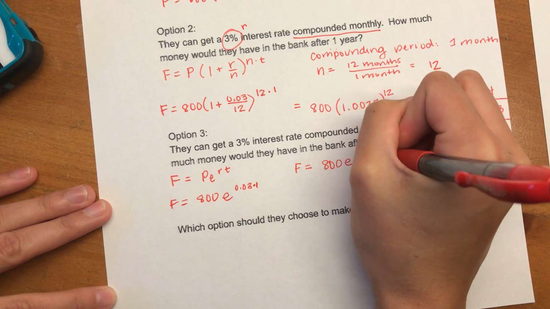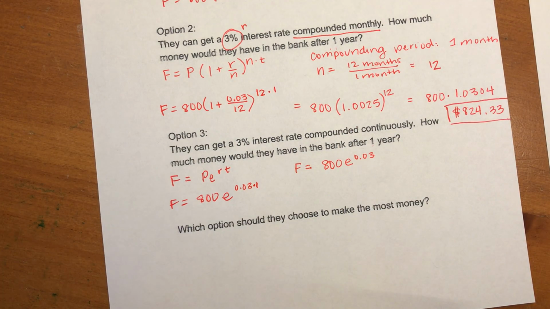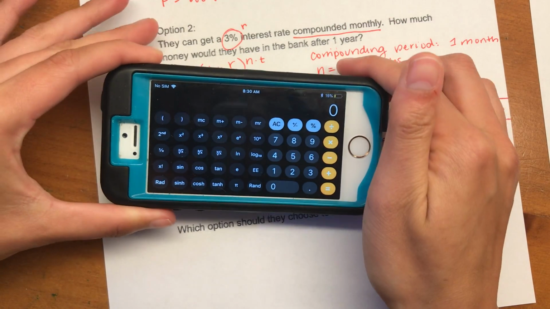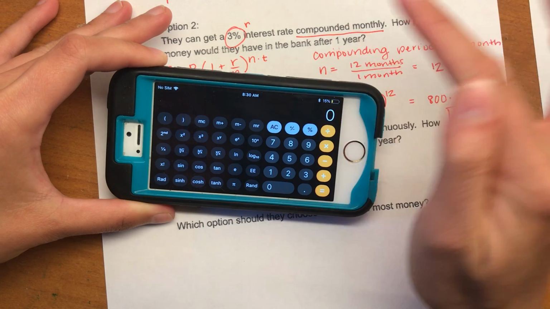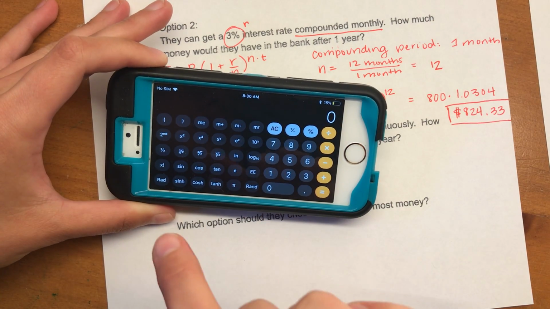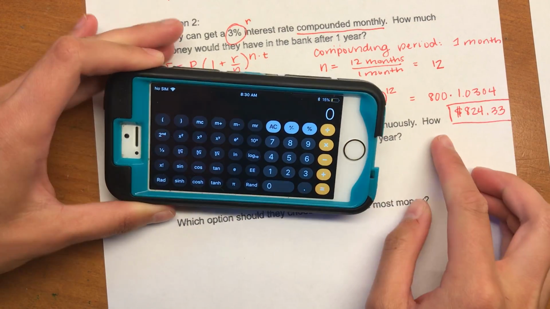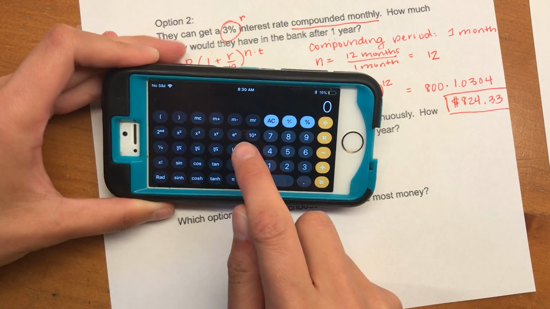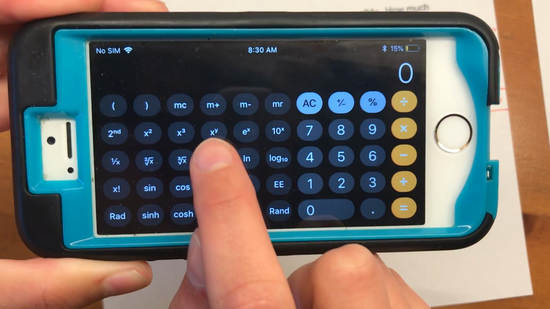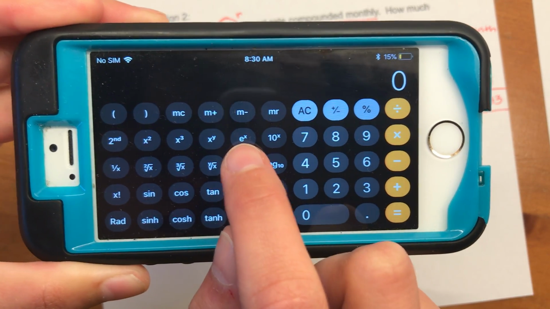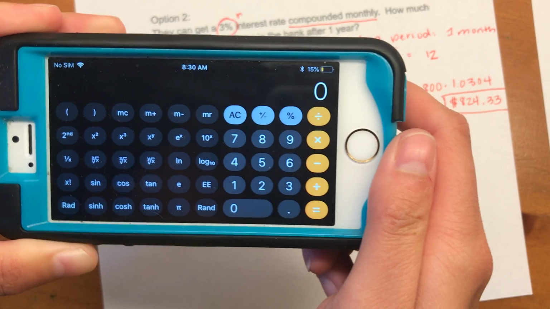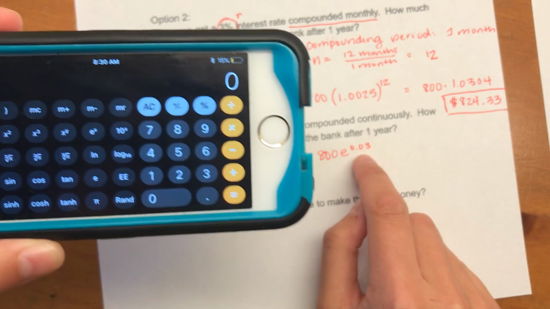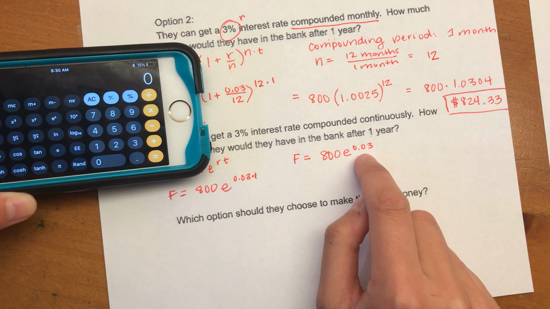Now, this is going to be a little different on your calculator. If you have a graphing calculator or a calculator that's not on your phone, you would press E first and then the exponent. But on the iPhone, it's like this. We have this e to the x button, okay? So right next to the x to the y button, there's the e to the x button. So what I actually have to do in the iPhone calculator is I need to first put in my exponent.